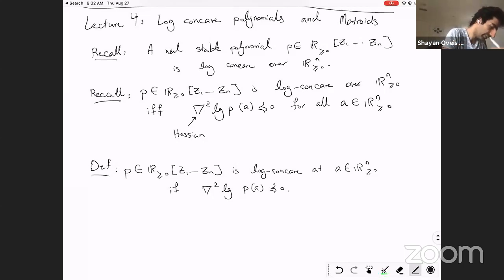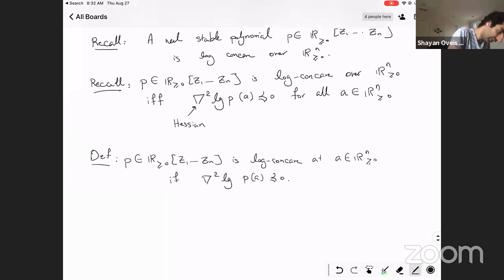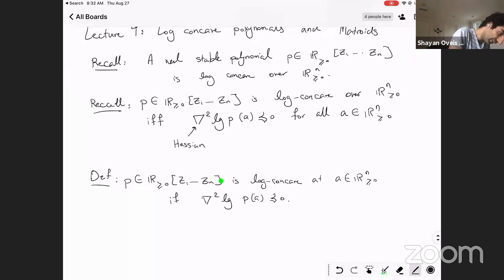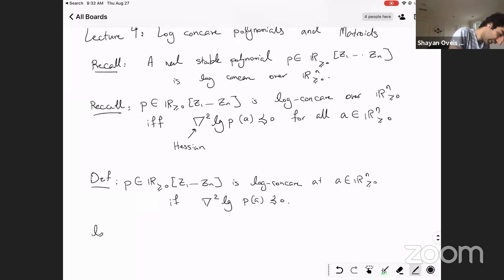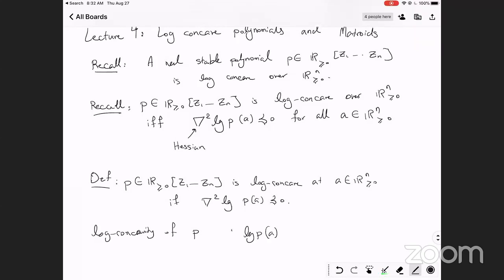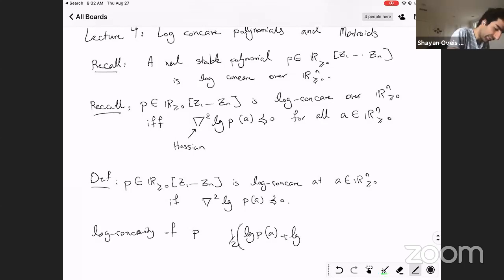Just to remind you, the log concavity of P means that half of log of P at A plus log of P at B is less than or equal to log of P at (A plus B) over 2.